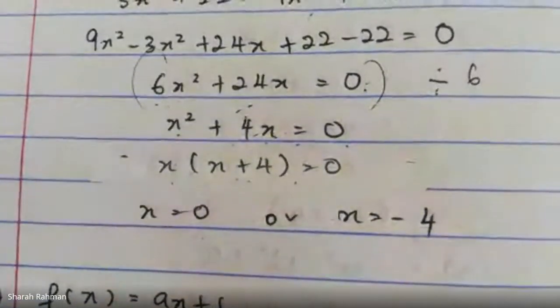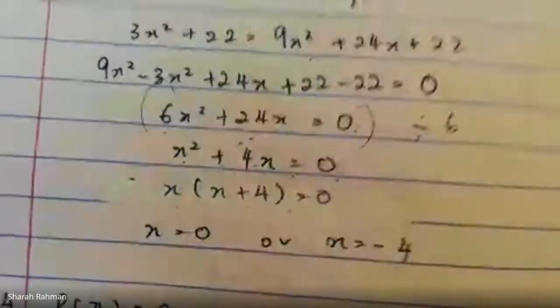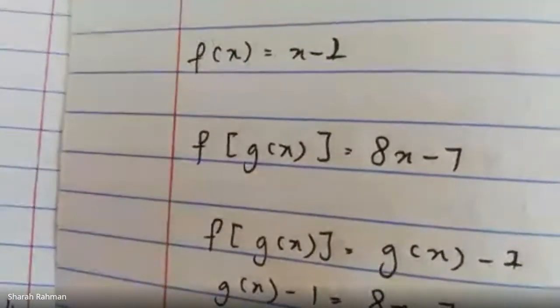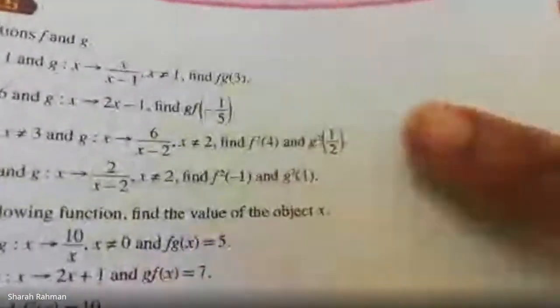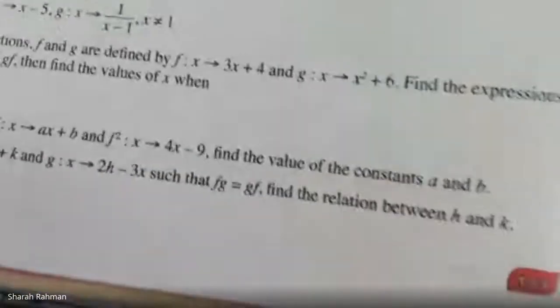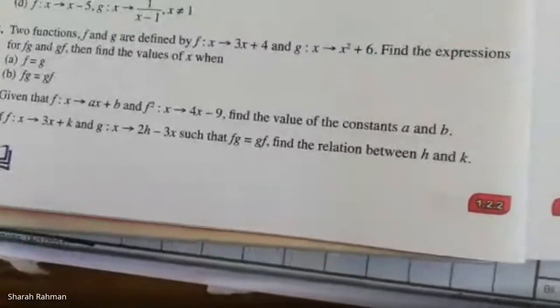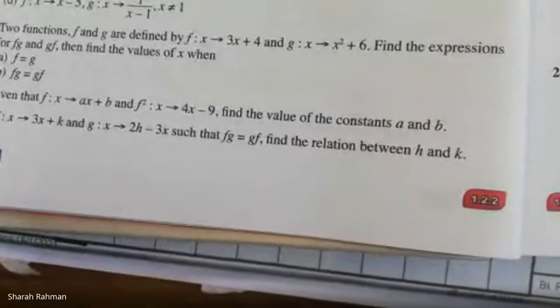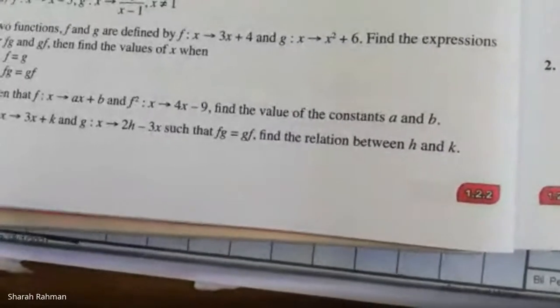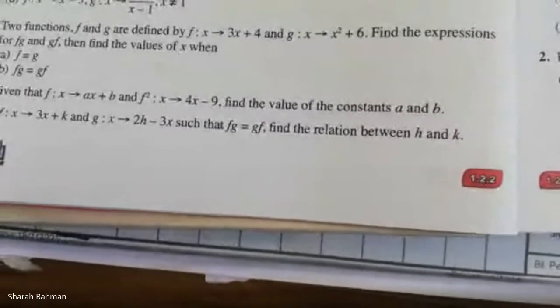Okay, so we proceed. Question 3, okay. Then question 4 and 5. Okay, so the question 4 and 5, given that fx is equals to ax plus b, and f squared x is 4x minus 9.